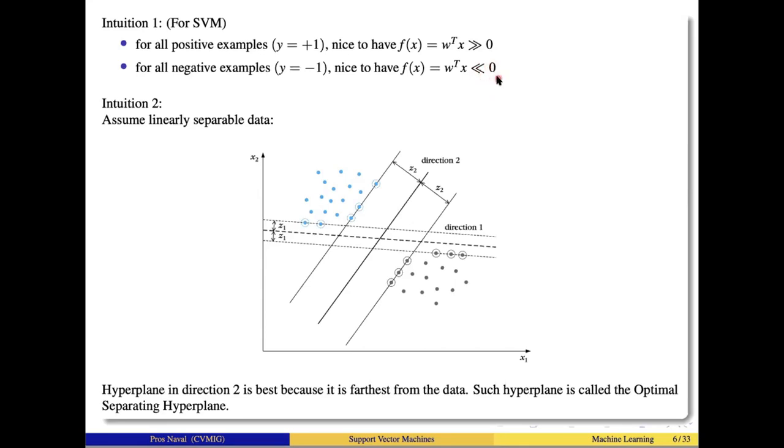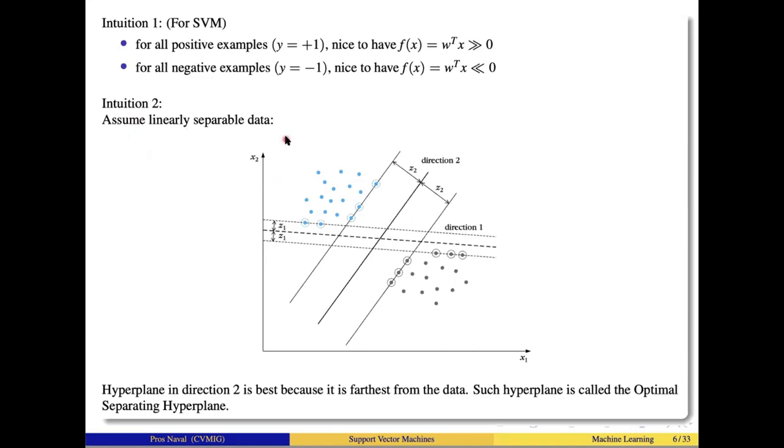The more negative it is, the better, and the more positive it is, the better. So by this intuition, we're basically saying that we want to maximize the distance between the hyperplane that we want to determine and the data set.